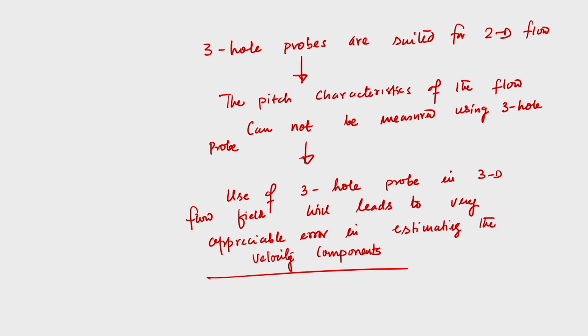Connecting those through leads to the manometer, we can measure pressure, but since the pitch characteristics cannot be measured using a 3-hole probe, if we use it in a 3-dimensional flow field we will get results, but the calculation will have appreciable error because the velocity components are not the correct ones.